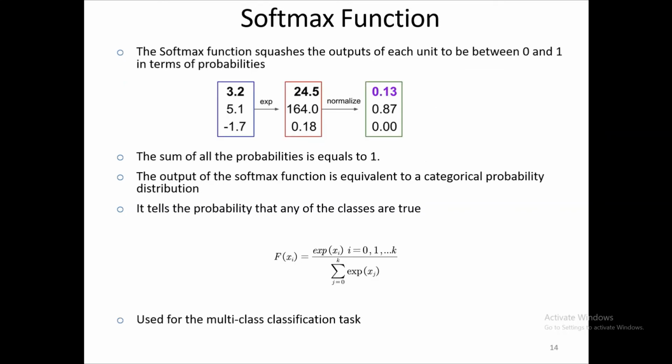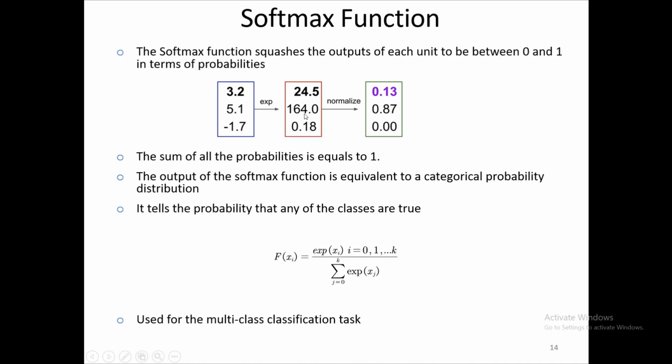Let's see a simple example here. This is the softmax function. It also squashes the outputs for each unit to be between 0 and 1 in terms of probabilities. Here is our input to the softmax function, and what we do is we exponentiate it: 3.2 is converted to 24.5, 5.1 is converted to 164.0, and minus 1.7 is converted to 0.8 after the exponentiation.